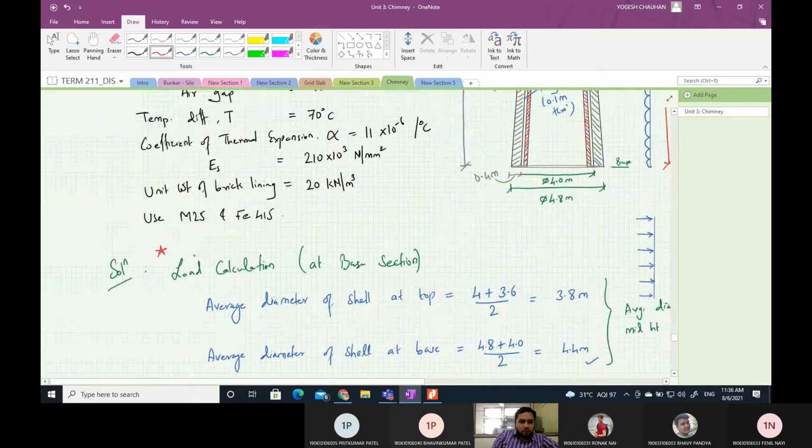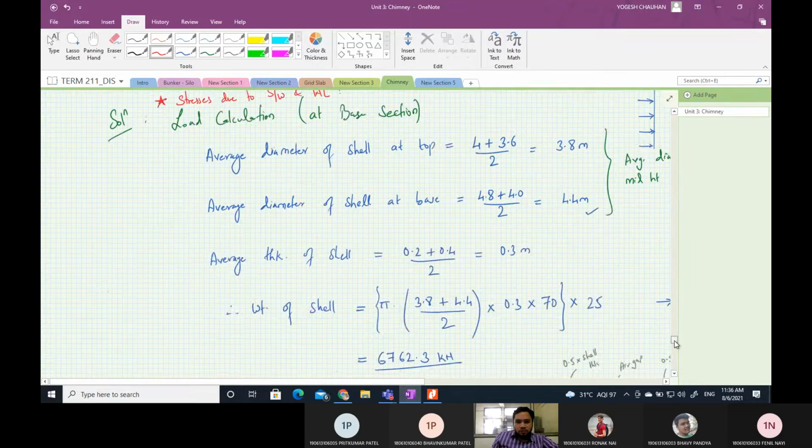So we first find the stresses due to self-weight and wind load. So we calculate the loads.